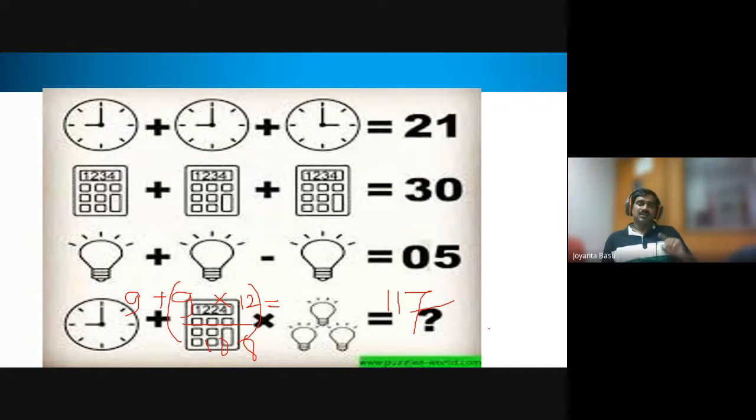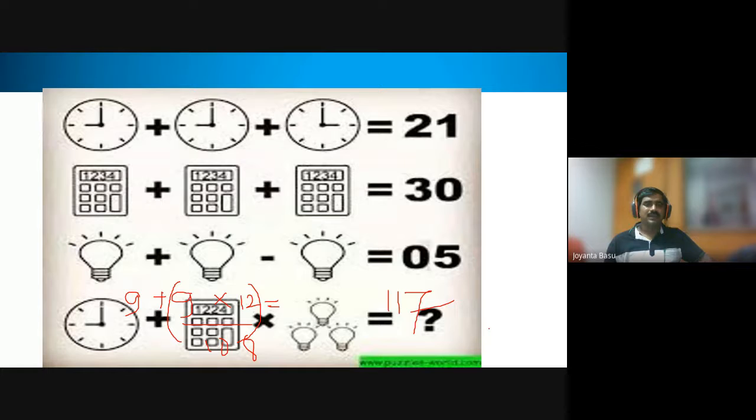So that's why it's very tricky. 216 is also going on the correct path, but he or she calculated 9 plus 9, 18, 18 cross 12. That's the only problem. So the correct answer is 9 plus 9 cross 12. We give weightage to the multiplication first. After multiplication, we add.